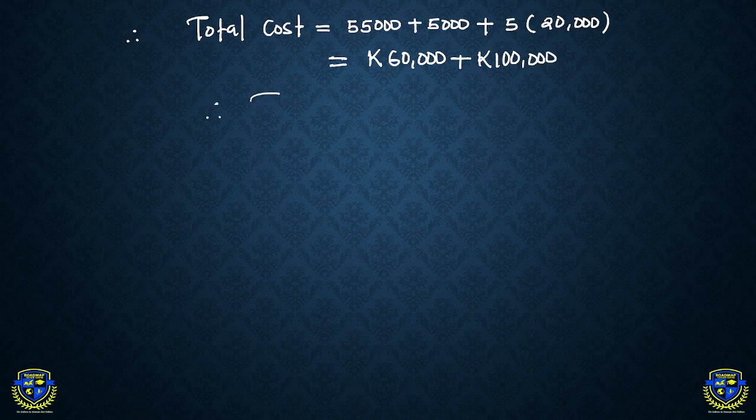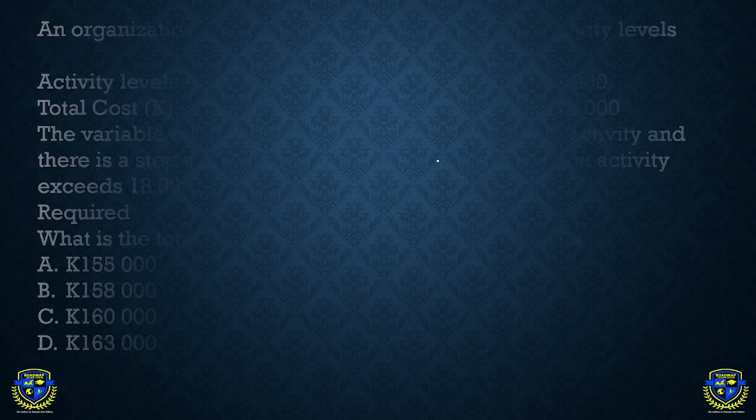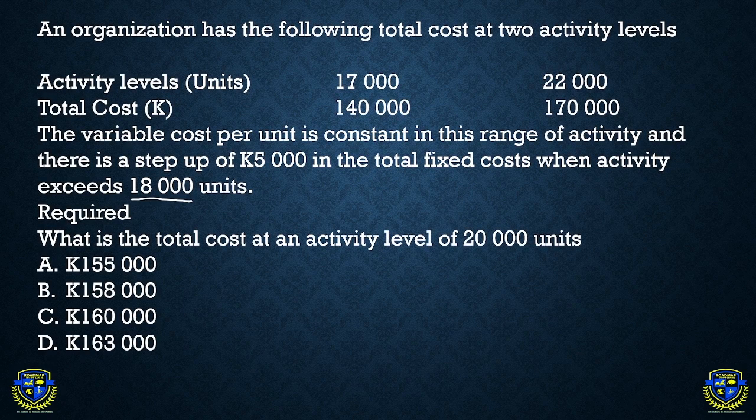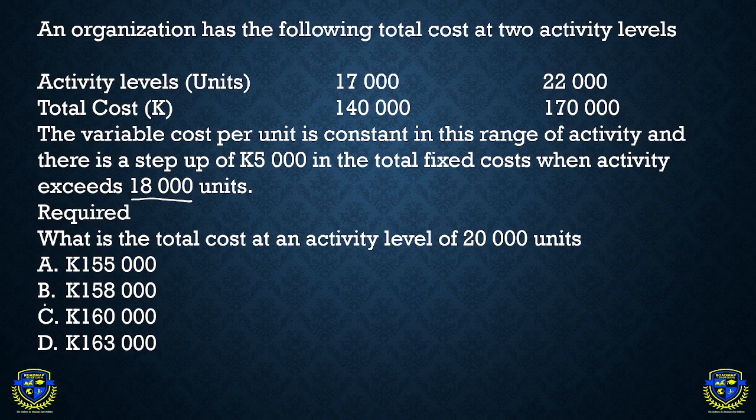Therefore, total cost in this case is going to be equal to 60,000 plus 100,000, which is 160,000 as our total cost for producing 20,000 units. Okay, so if we go back to the choices there, do we have an answer? Yes, we have the answer there, and the answer happens to be C.